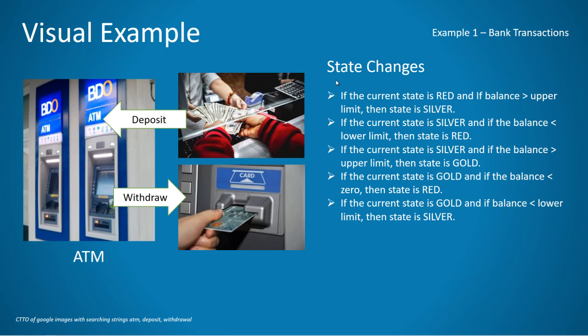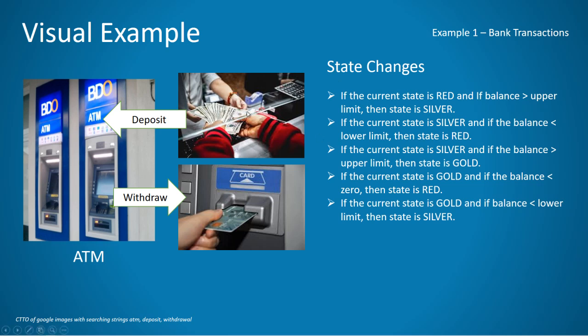If the current state is gold and the balance is less than 0, then the state is red. If the current state is gold and the balance is less than the lower limit, then the state is silver.